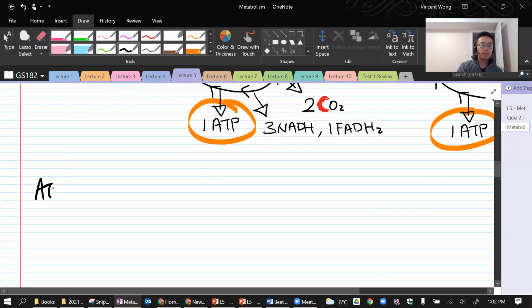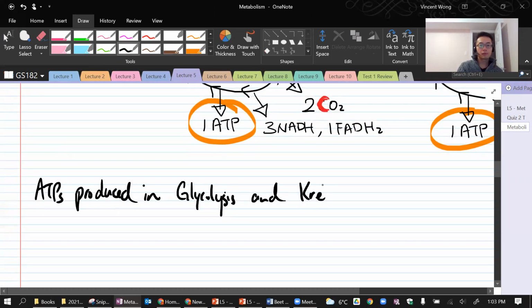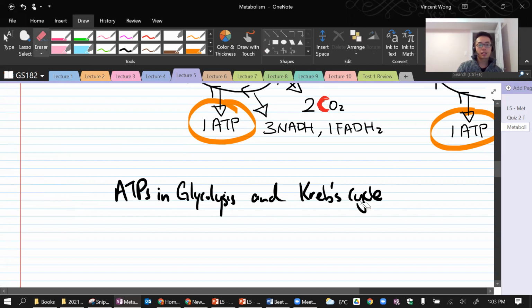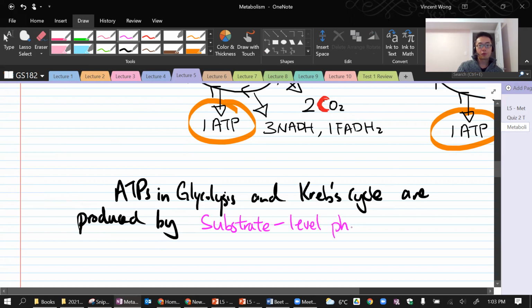So ATPs in glycolysis and Krebs cycles are produced by substrate level phosphorylation.